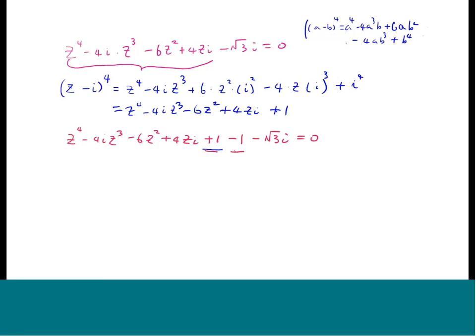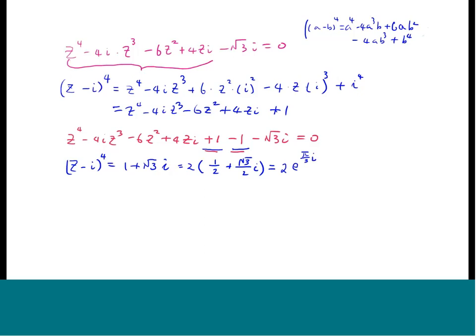And it becomes z minus i to the 4 equals 1 plus square root of 3 i. So I can write this as 2 times (1/2 plus square root of 3 over 2 i), which becomes cosine then sine of 60 degrees.